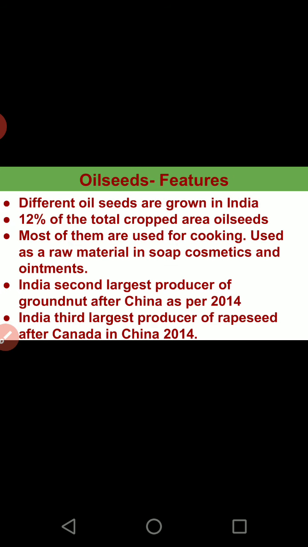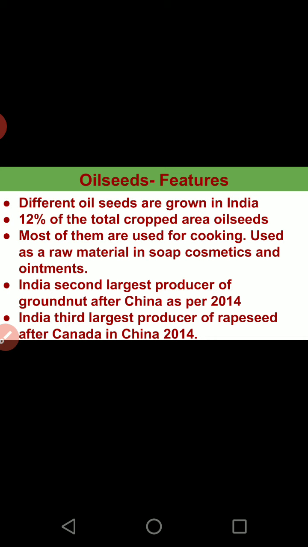Moving to the next crop, oilseeds. As millets and pulses were a group of crops, similarly oilseeds are also a group of crops. Now oilseeds. Regarding oilseeds in India, the features: in India we grow different oilseeds. 12% of the total cropped area, it means whatever amount of cropping region is there, out of that 12% is devoted to oilseeds.